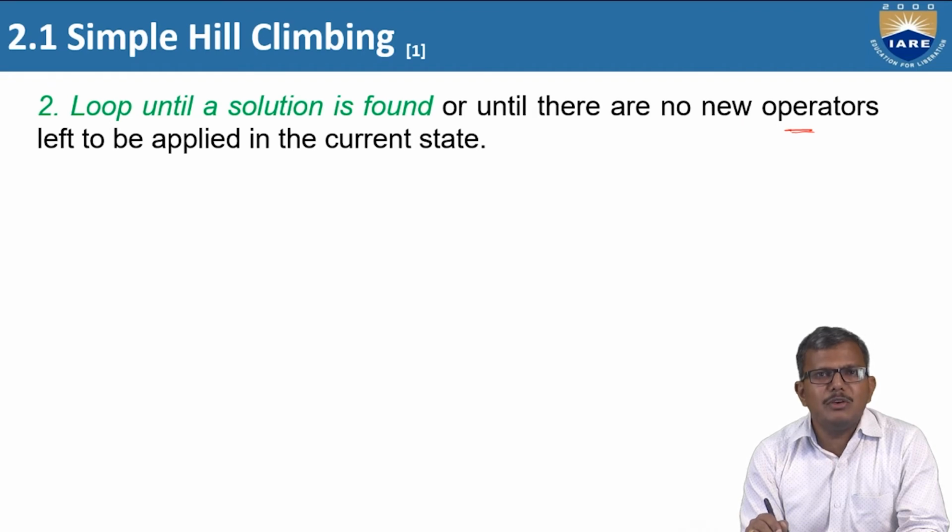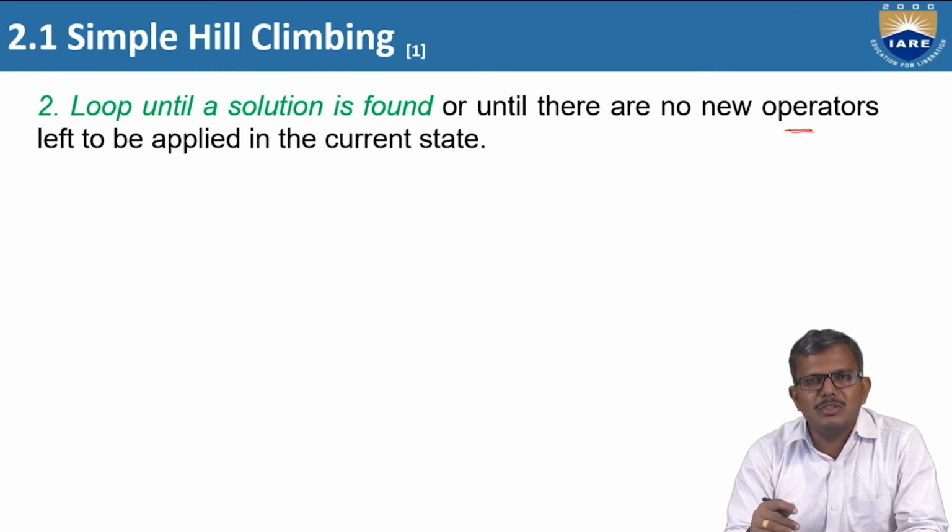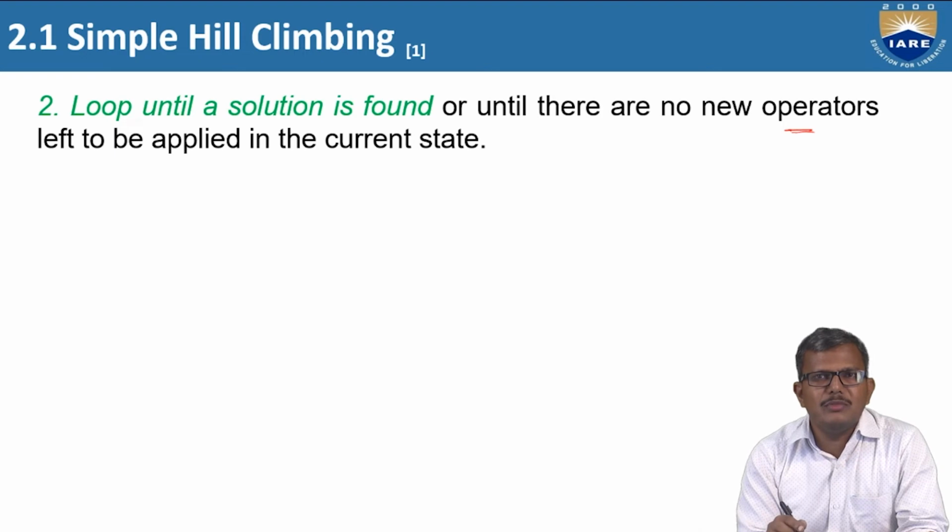You need to continue this looping process by applying all the operators that are available. Whenever you feel that operators are not available to apply, then you can stop your looping process. So in the second step, we continue the looping until a solution is found, or until there are no new operators left to be applied to the current state. That is our second step.